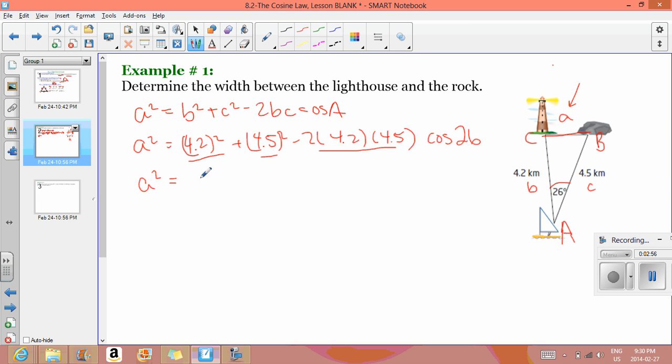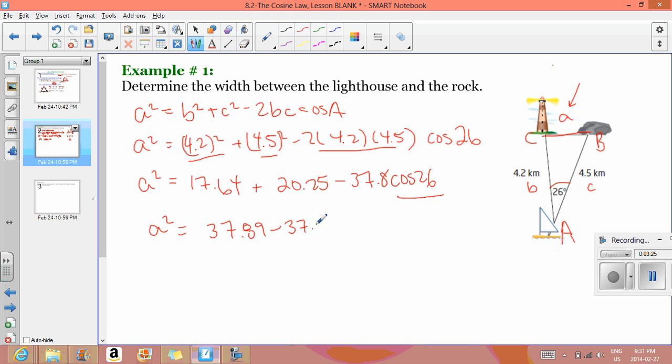And so we would have then 17.64 plus 20.25 minus 37.8, and then we'd leave it as cos 26, because remember, we never want to put this in until the end, as we said before, with the decimals. We want to keep it as accurate as possible. So if we add those two, that's 0.89. That would be, again, 37.8 cos 26.